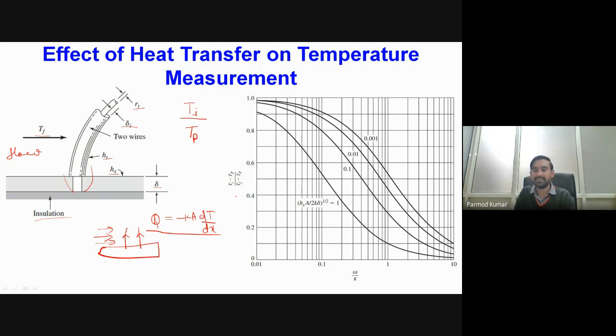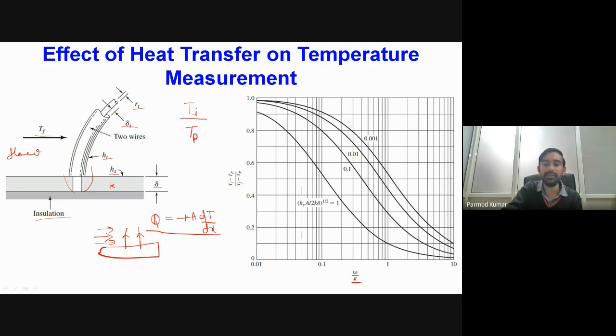These I have already explained to you. This is taken along the ordinate, and along the abscissa we have k times delta divided by capital K. Small k is the thermal conductivity of this plate, and delta is the thickness of the plate.